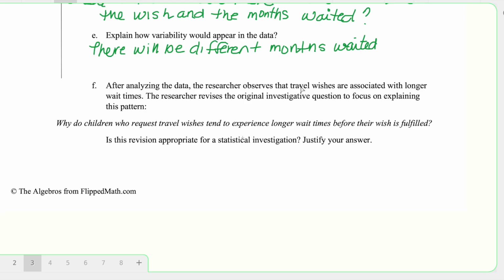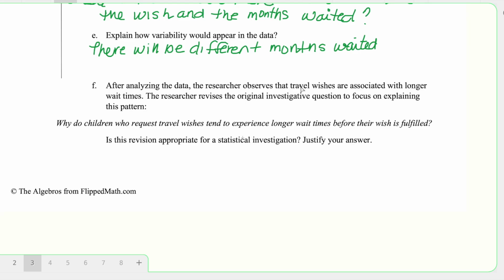This is completely different than what you were originally looking for. You were looking for wishes and fulfillment. Now you're talking about the specific wishes versus longer wait times. So no, you should not revise it. Keep the same question and then you can go ahead and do another type of analysis.